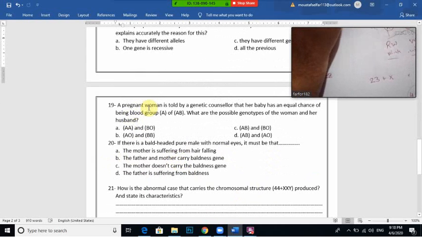19. A pregnant woman is told by a genetic counselor that her baby has an equal chance of being blood group A or AB. What are the possible genotypes for the woman and her husband?